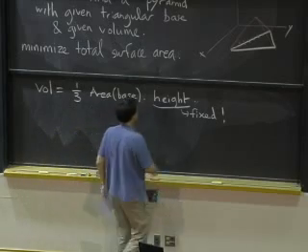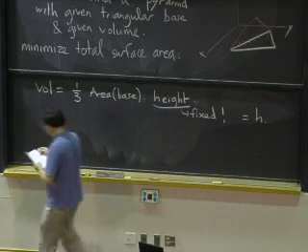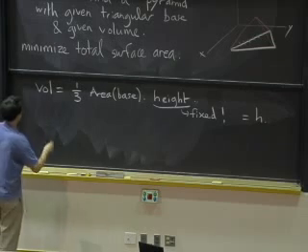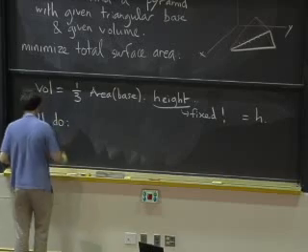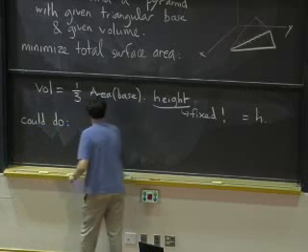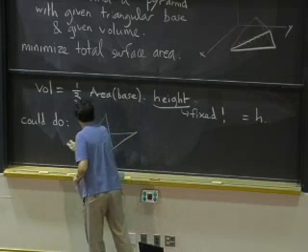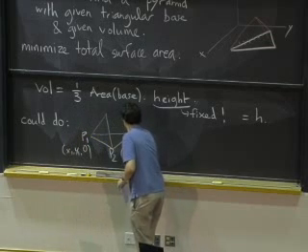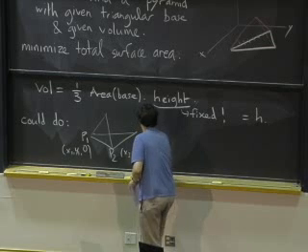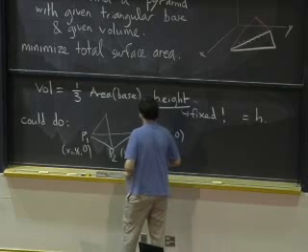Let's call h the height. What we could do is something like this. We have 3 points in the base. Let's call them P1 at x1, y1, 0, P2 at x2, y2, 0, P3 at x3, y3, 0.